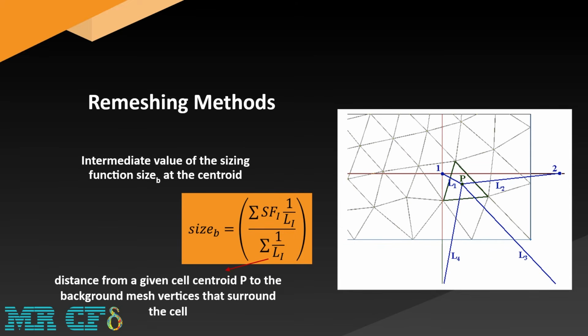After this, the size function is smoothed using Laplacian smoothing method. Then the software interpolates the value of the size function by calculating the distance Li from the center of the given cell P to the vertices of the background mesh that surrounds that cell. This intermediate value of the size function, or size B, in the center of the cell is calculated according to this relation.